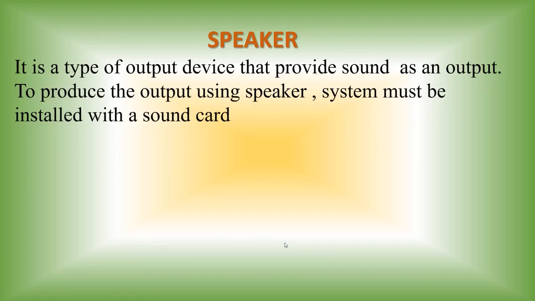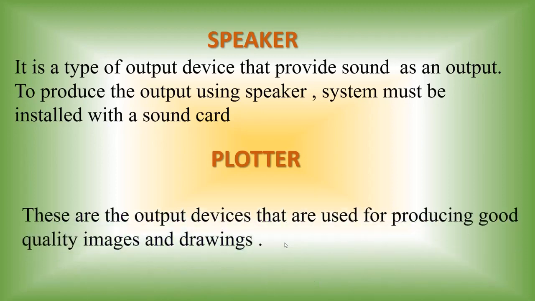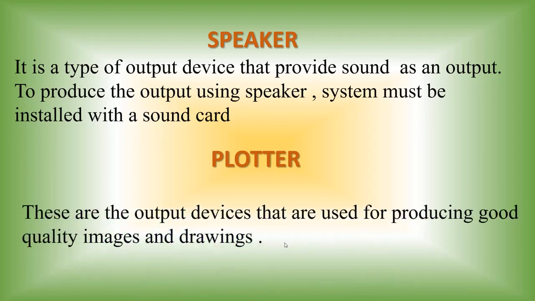And another type of output device is plotter. Plotter is a good quality output device which is normally used to draw pictures. So plotter is a good output device used for producing good quality images and drawings.